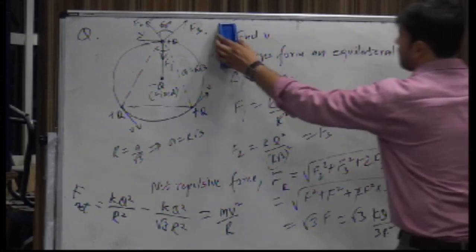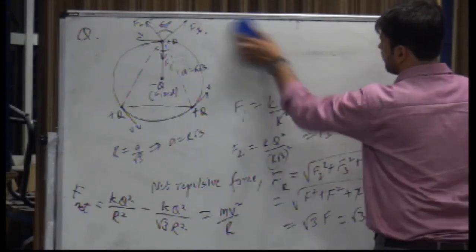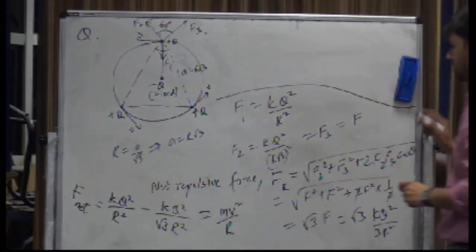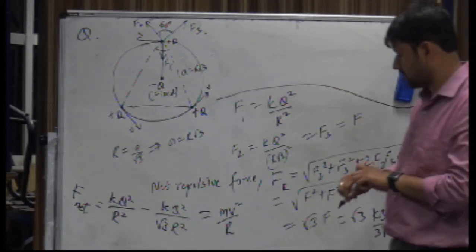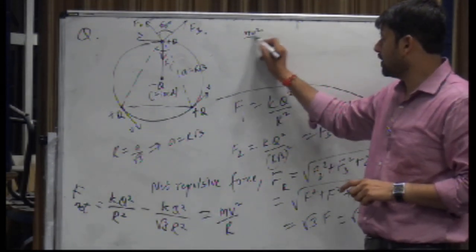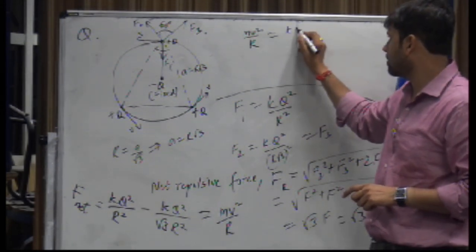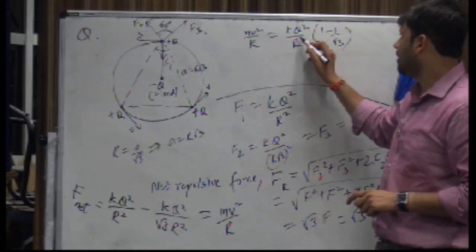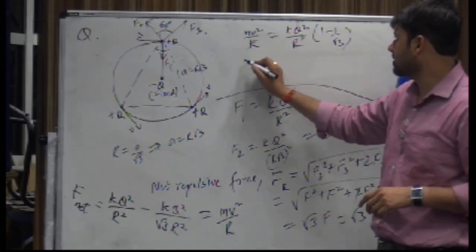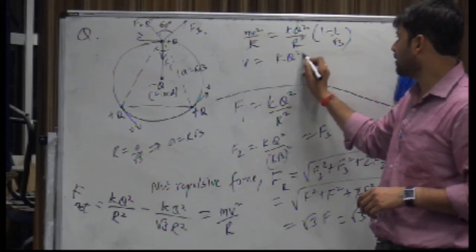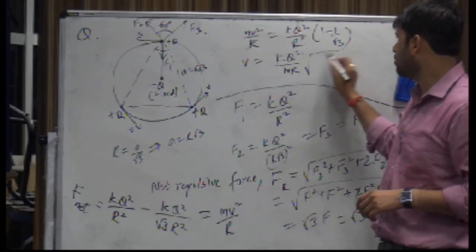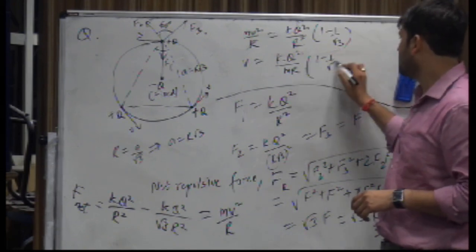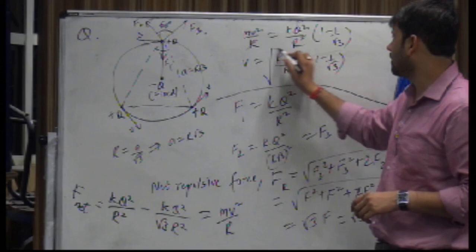I'll erase the top part so that I can write the answer. mv square by r was kq square by r square times 1 minus 1 by root 3, so 1 r would cancel. V would be kq square by mr, under root of the bracket 1 minus 1 by root 3, whole under root.